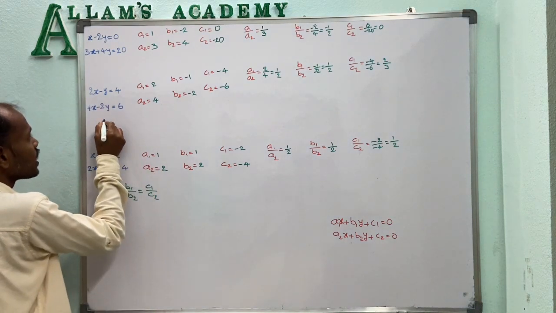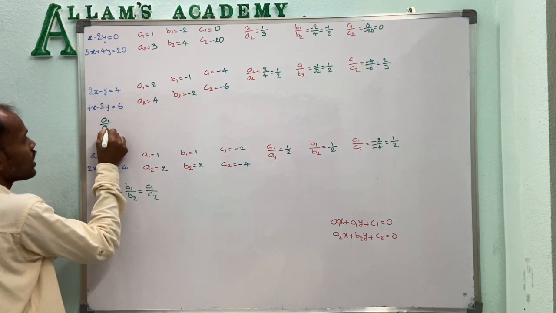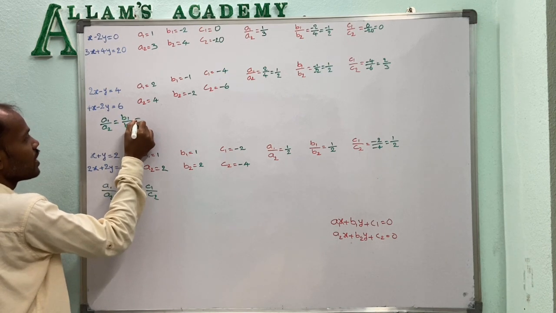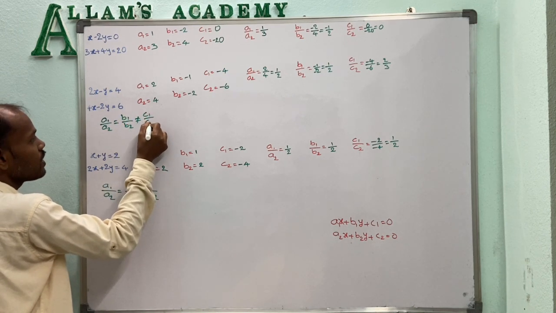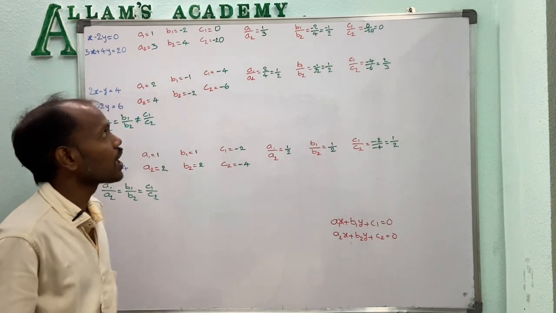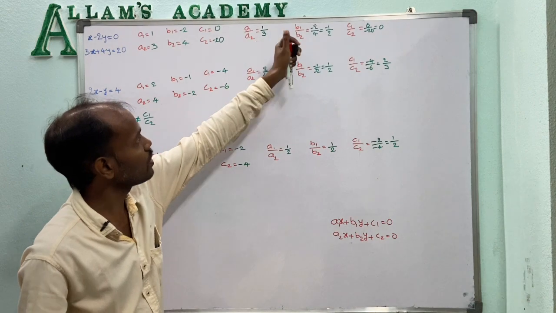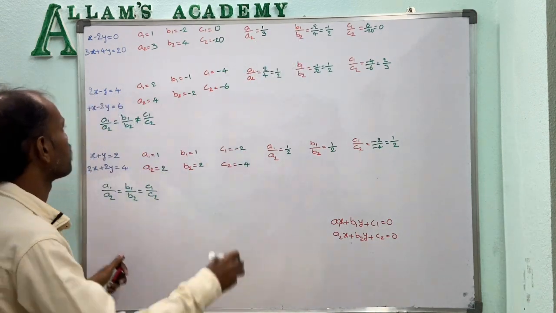That means a1 by a2 is equal to b1 by b2, which does not equal c1 by c2. Okay, now in the first problem, if we observe, a1 by a2 is not equal to b1 by b2.